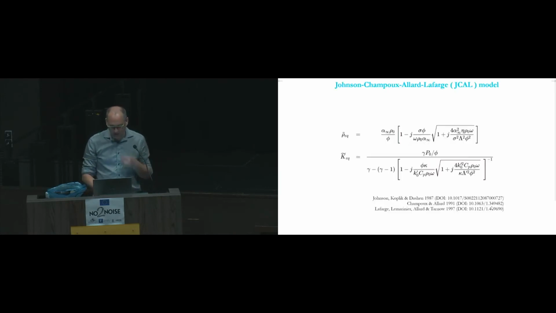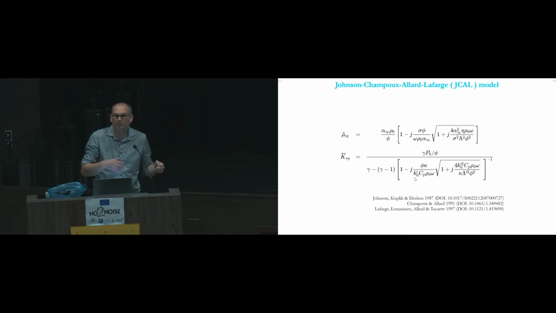So if we go to another model, which is Johnson-Champoux-Allard-Lafarge, the only thing that changed is not rho. Rho is exactly the same. But the work by Lafarge et al., so it's Lafarge, Lemarinier, Allard, and Tarnow, they added a new parameter which is k prime 0. And k prime 0 is the static thermal permeability.